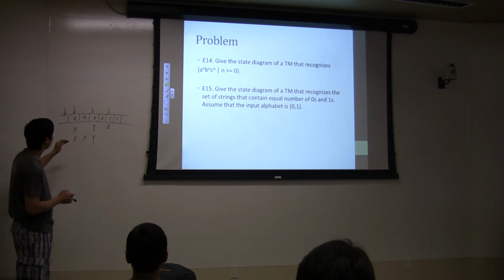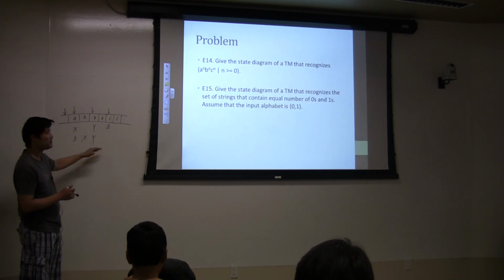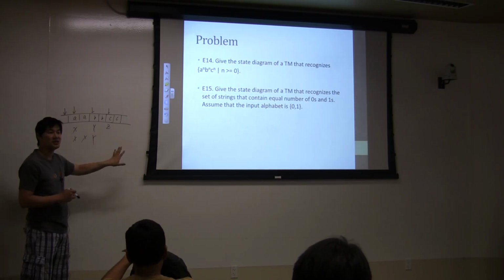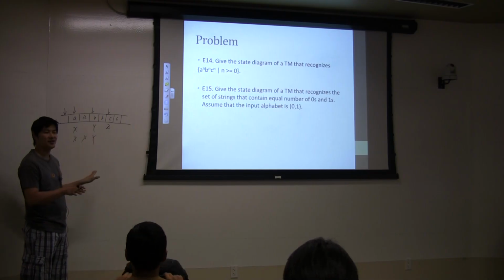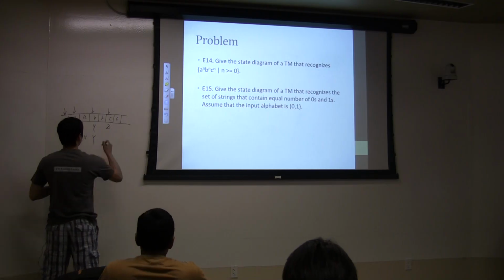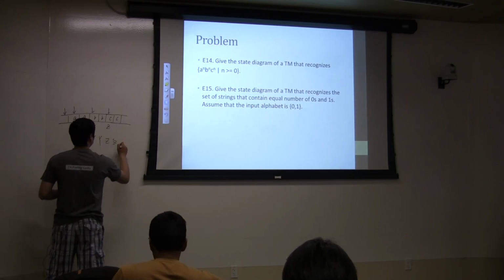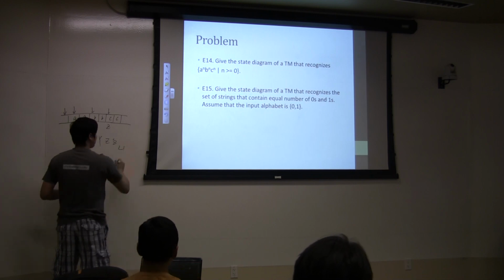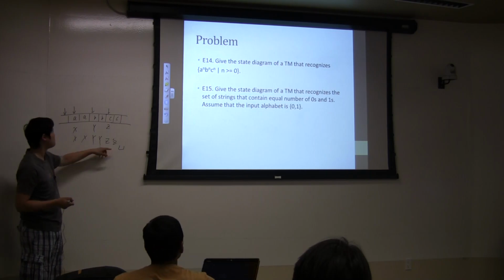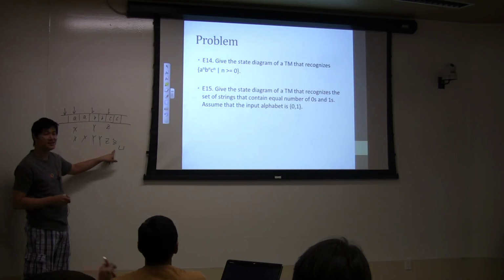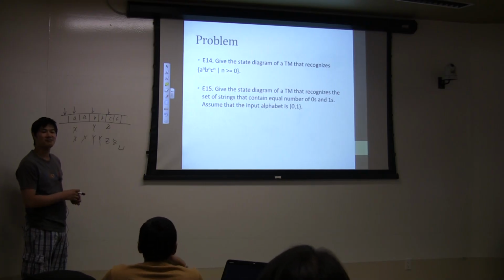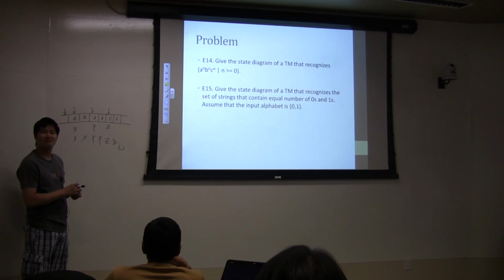Then how do you find the string is valid? You keep going right to see whether you can still find a B or C. If you can, then terminate and reject. If you cannot, meaning all the remaining string is Y's and Z's, eventually you will reach a blank. If you keep reading, skipping all the Y's and Z's, and you see a blank, then you accept. Otherwise, reject. Make sense?